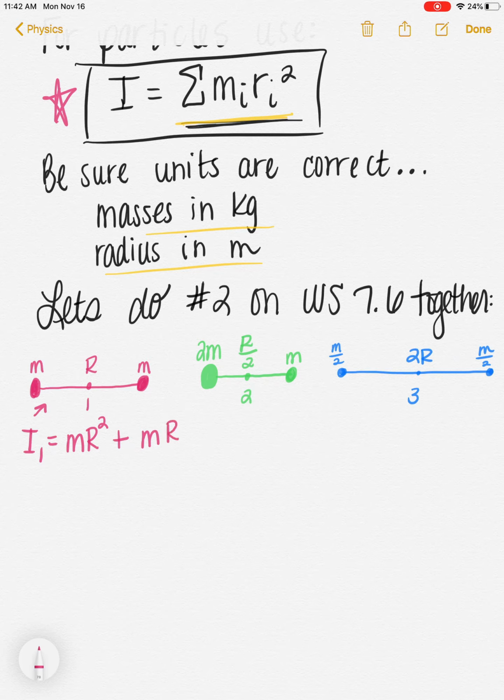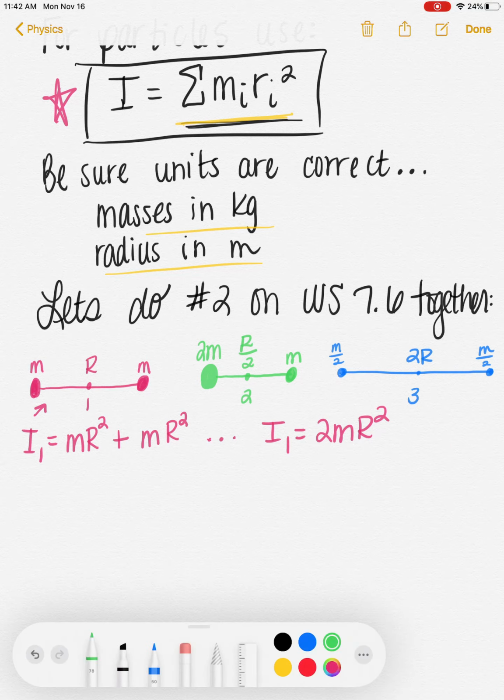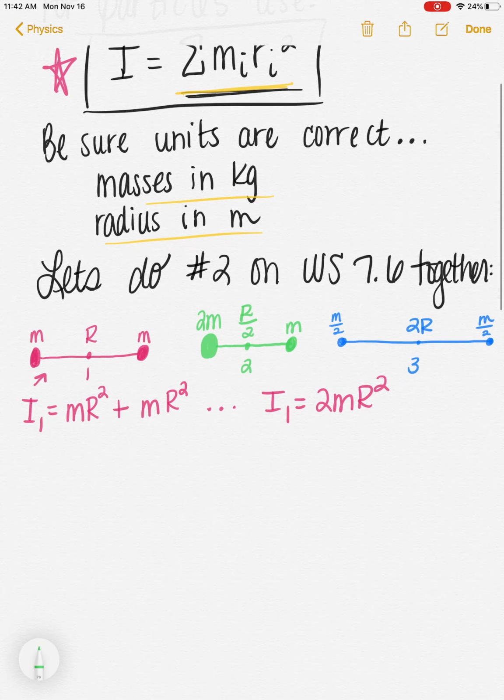It has a mass of m, also at a distance of r squared. So mr squared plus mr squared means that the moment of inertia for scenario 1 in total is going to be 2mr squared. And this can be a bit disconcerting because we're not actually going to plug in values here. We're just going to use variables and compare largest to smallest.